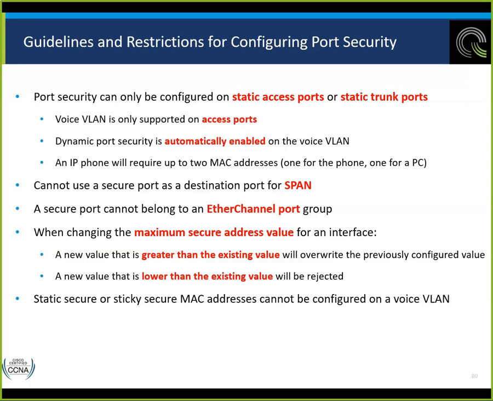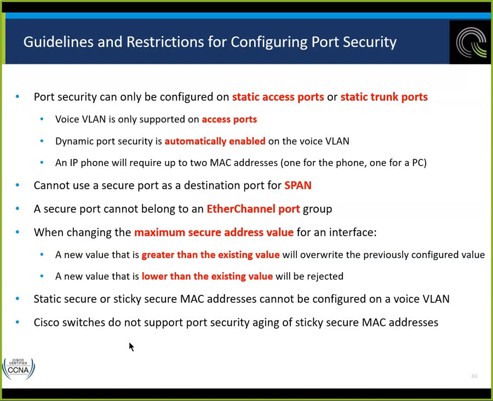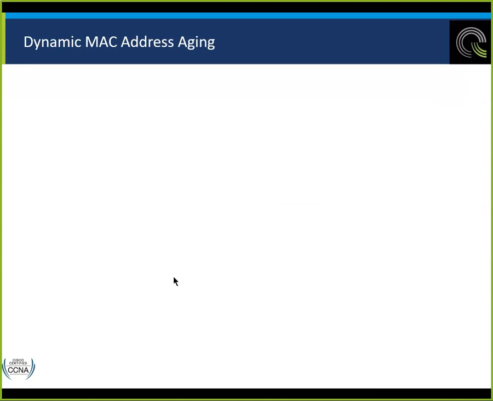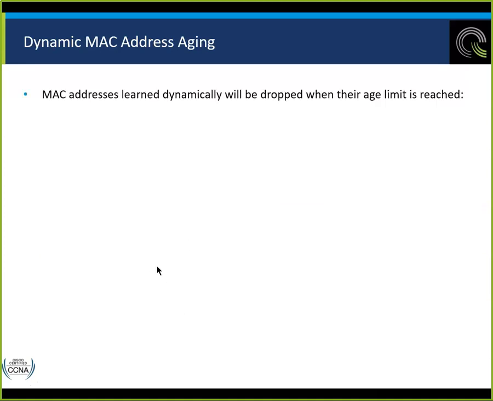Static sticky addresses cannot be configured on a voice VLAN, and Cisco switches do not support port security aging on sticky MAC addresses, so aging is going to be disabled. The sticky addresses are going to be there. For the dynamic range, MAC addresses learned dynamically will be dropped when their age limit is reached, if aging is going on.